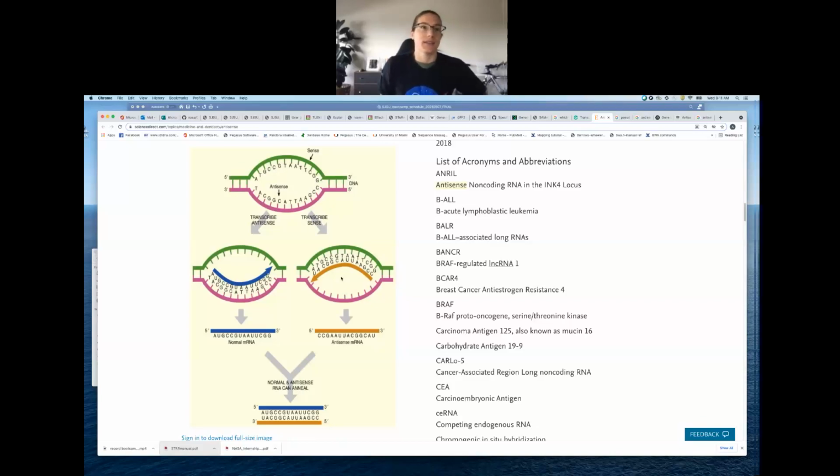But that also means, in addition to that, we can also have overlapping genes. That was one of the things shown in the paper that I sent.